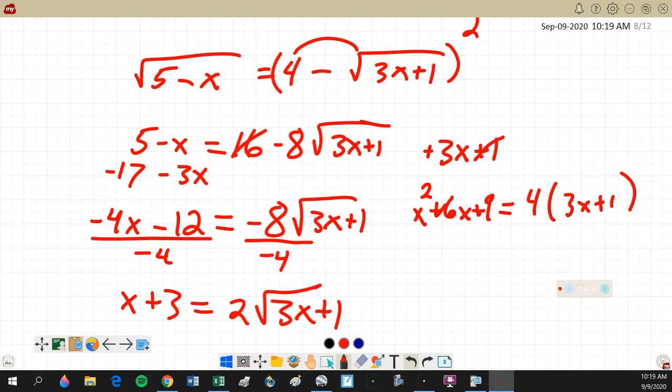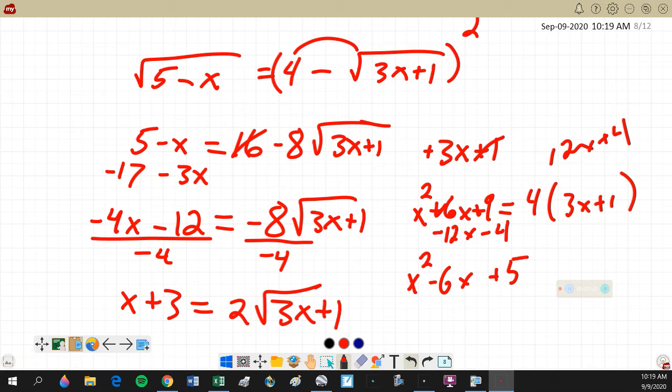You follow? That makes 12x plus 4. Subtract 12x, subtract 4, x squared minus 6x plus 5, which factors into x minus 5 and x minus 1. So my roots are 5 and 1.